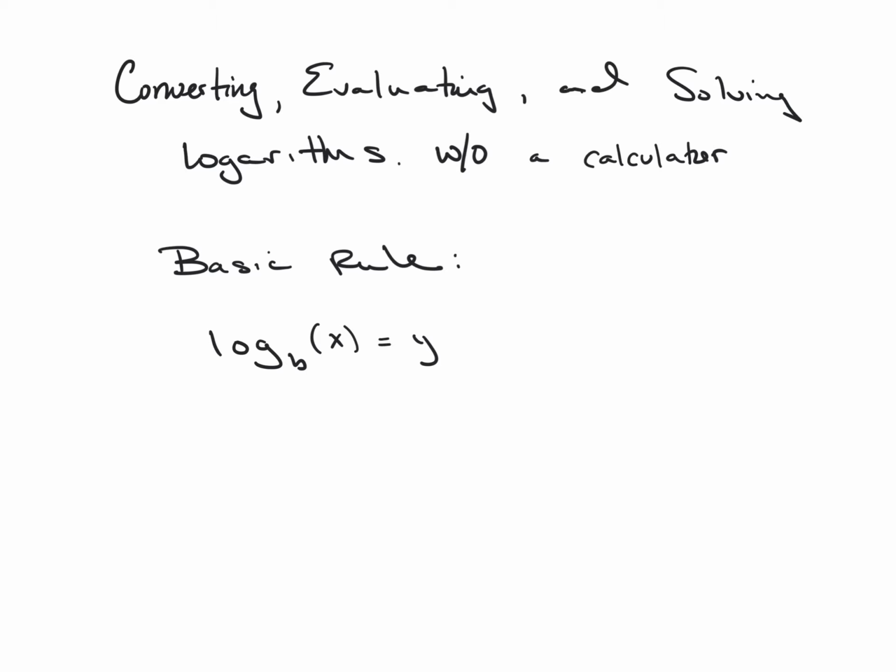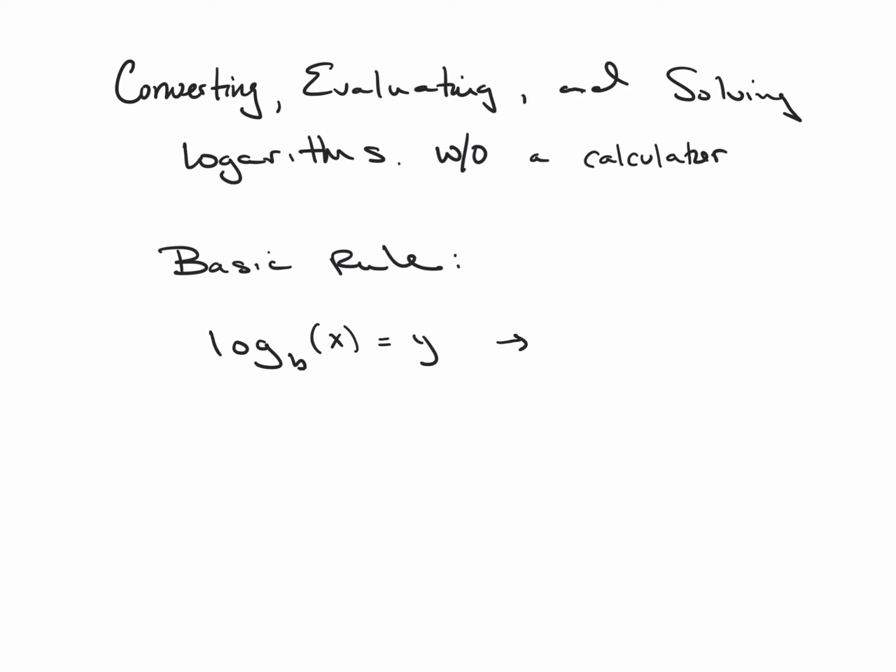Now, if we take a look at the exponential form, what you need to have is that it's not going to be in function form. It's just going to be in exponential form. In this case, we have it in function form because it's solved for y.